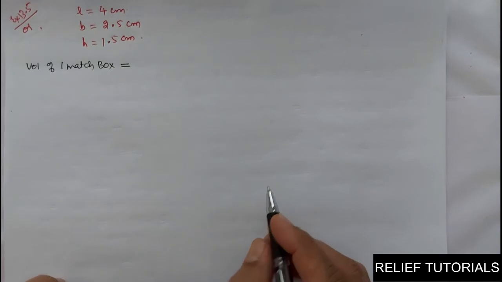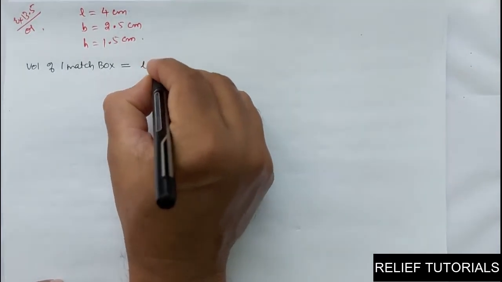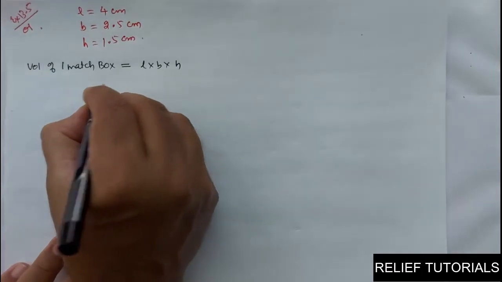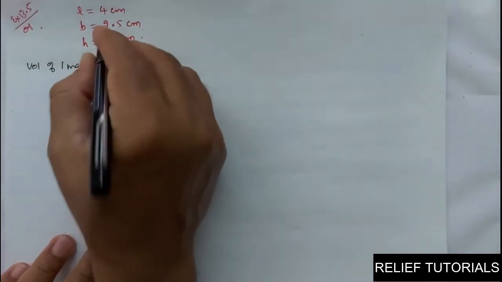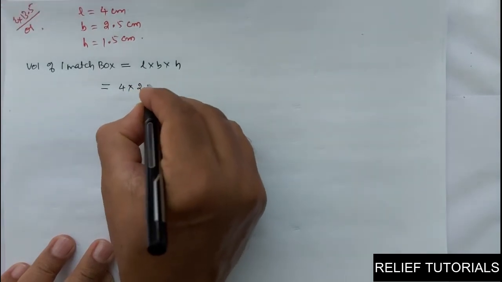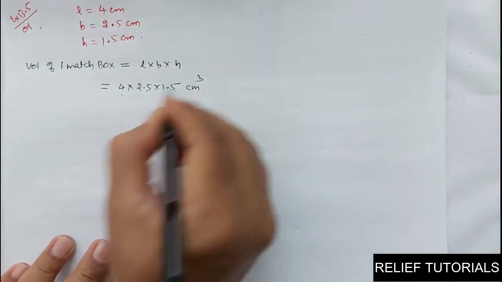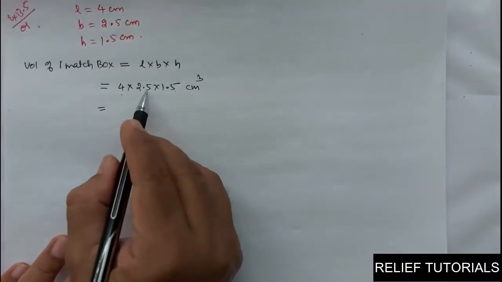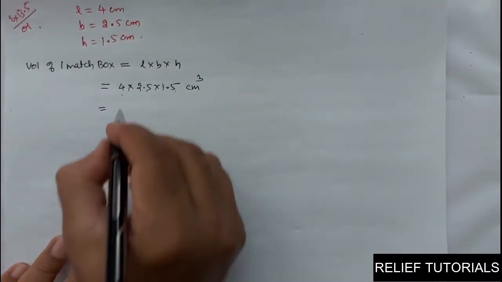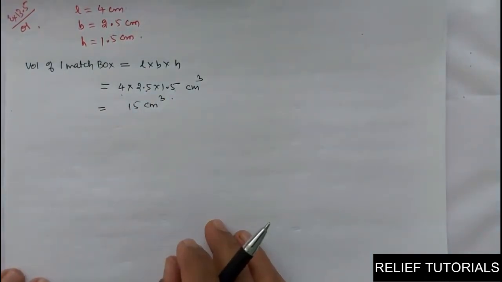So volume of one matchbox is L into B into H, LBH. Clear? So volume of matchbox is equal to volume of cuboid, that is L into B into H. So that is 4 into 2.5 into 1.5 centimeter, centimeter, centimeter, so centimeter cube. You multiply 2.5 into 4, 10, 10 into 1.5, 15 centimeter cube. See, this is the volume of one matchbox.